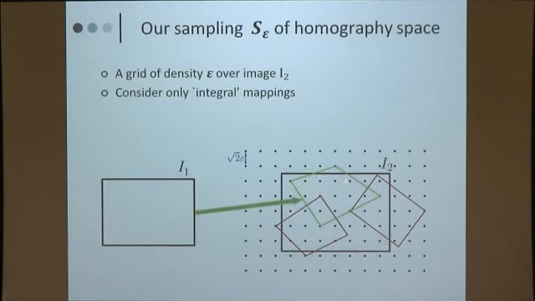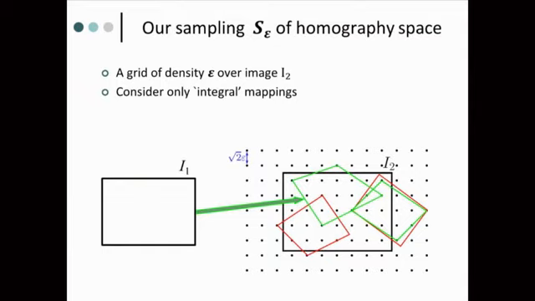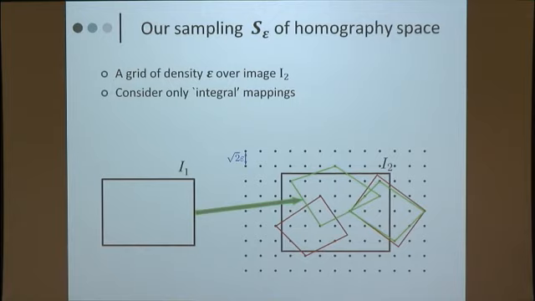So for example, you can see this green quadrilateral is a legal one because all the corners are on grid points. On the other hand, these 2 red ones are not, because they each have at least 1 corner that is not on a grid point. But on the other hand, there are in our sample transformations that are very close to these ones that are not in the sample.